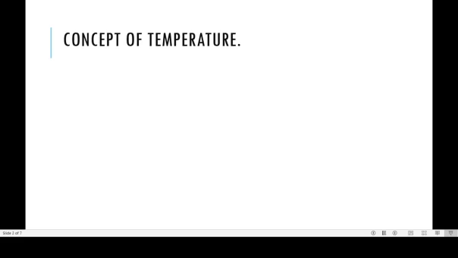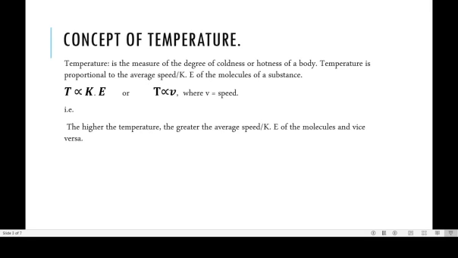So going into the discussion, what is temperature? As we all know, temperature can be defined as the degree of hotness or coldness of a body. That is the simple definition of temperature. Temperature can also be related to the kinetic energy of a body. It therefore means that temperature is directly proportional to the average speed or kinetic energy of the molecules of a substance.